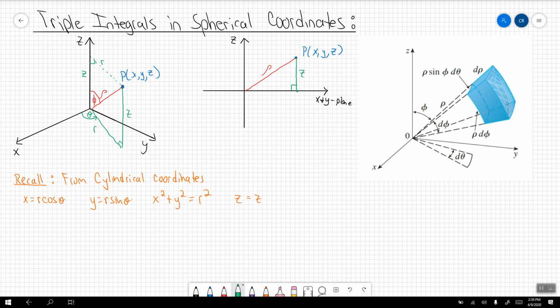Where z meets that x and y plane, that distance will always be r. Alright, now that's pretty good, but then again, our phi is right over here. So that's our phi. Using all of this, we can say that this here is r and this here is z. Alright, and we're going to keep that in mind.